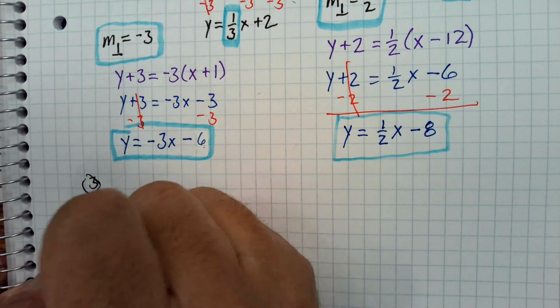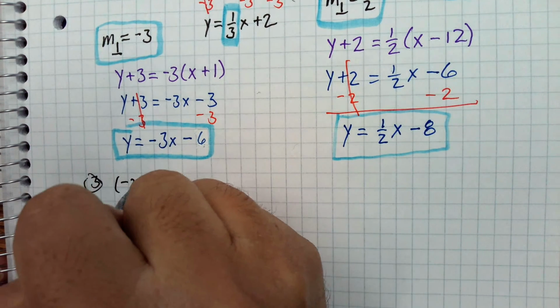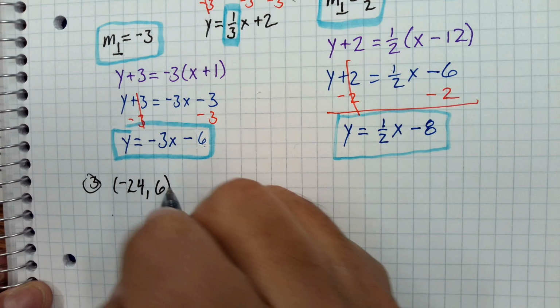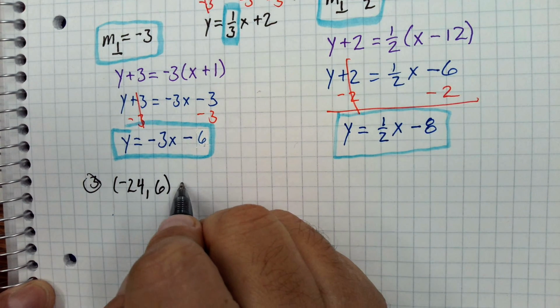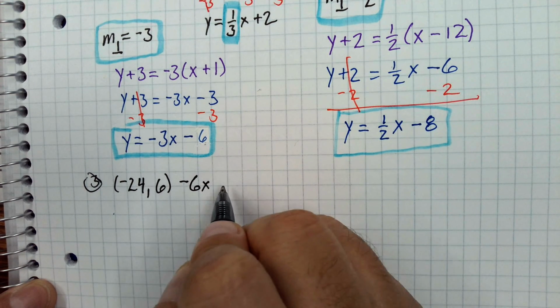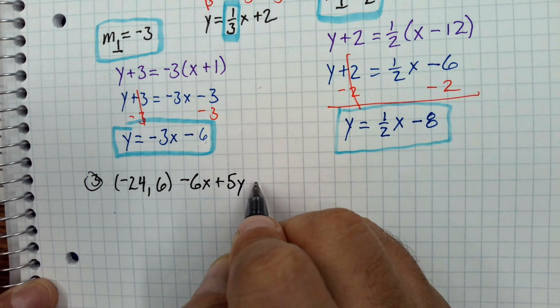Okay. So for this line, it's -24, comma 6. And the equation for this one is -6x plus 5y equals -8.